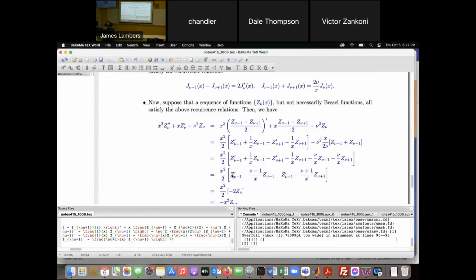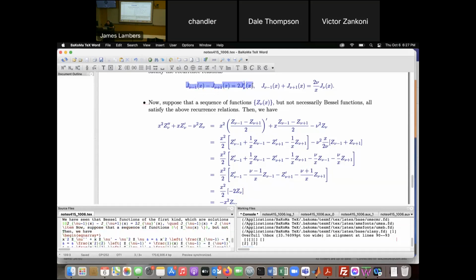Now for the last stage, to get from here to here, the easiest way to see that is if I take, for example, this recurrence relation and this one, suppose I add them together.